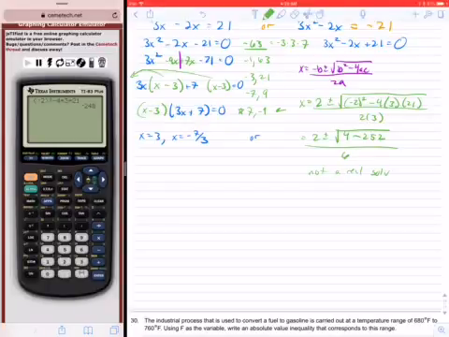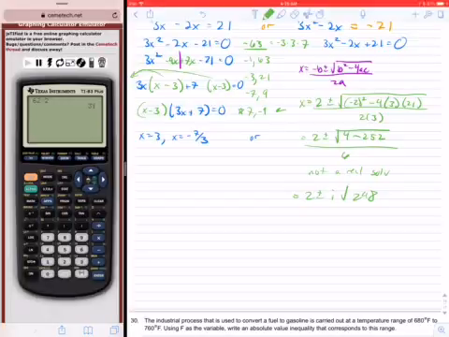So we know it's an i, so then we're going to say 2 plus or minus i times the square root of 248. Let's see, 248 divided by 4 is 62. Can we divide that by 4? I don't think so, 15.5. 62 divided by 2 is 31, so 2 and 31.